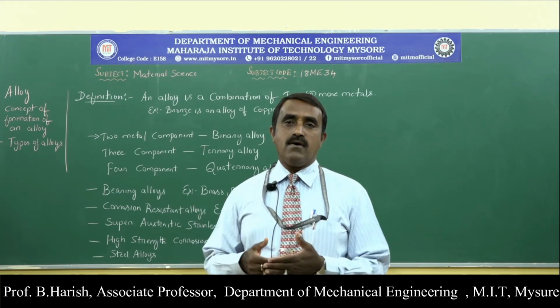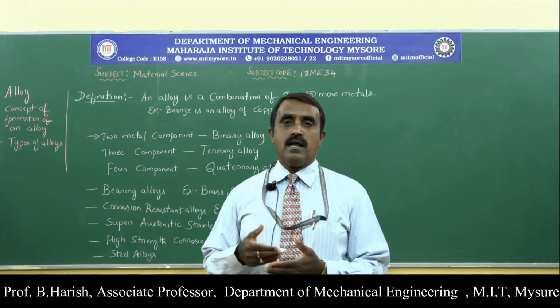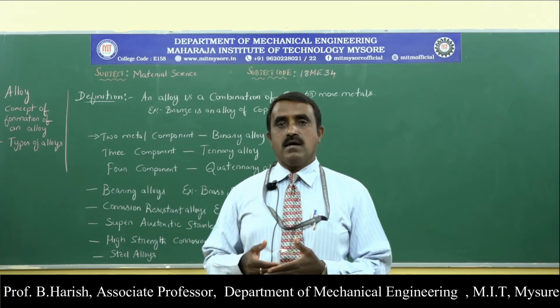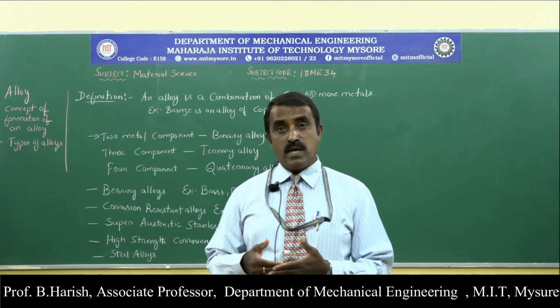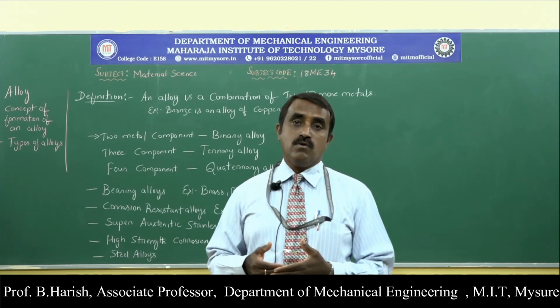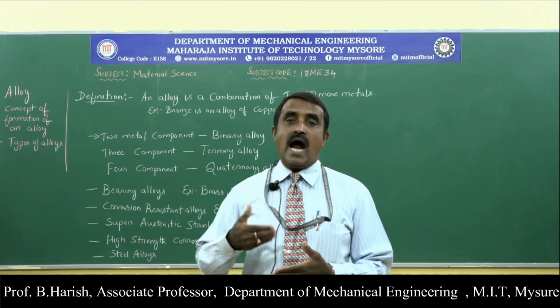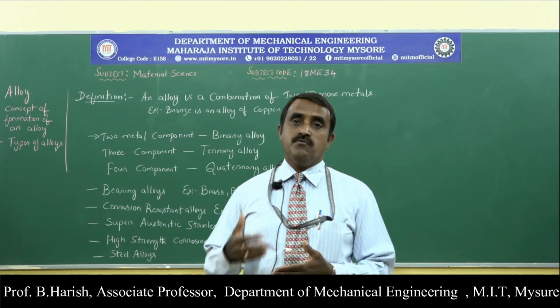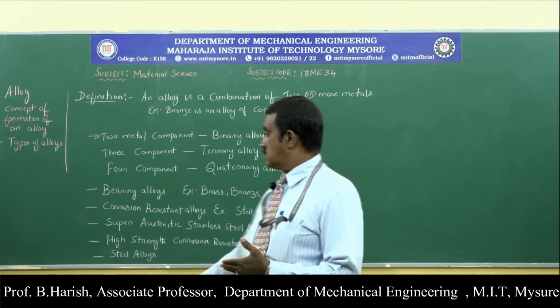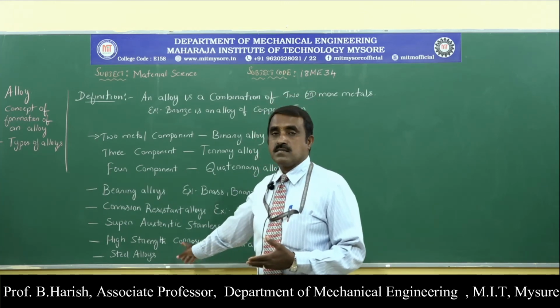To iron I can add sulfur, I can add molybdenum, I can add chromium. Based on the metal that is added to iron, we get different types of steels. That is the next type of alloy, steel alloys.